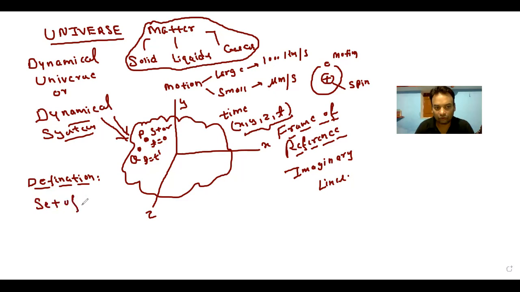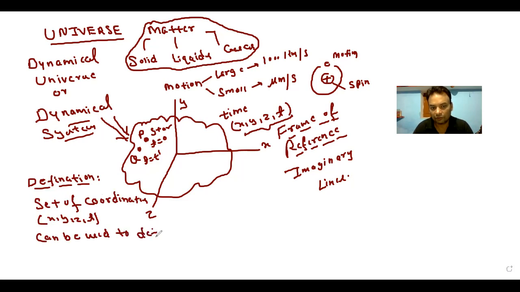And what are the coordinates? X, Y, Z, comma, T. So these are the four coordinates. It is a set of coordinates that can be used to determine position and velocity of an object.